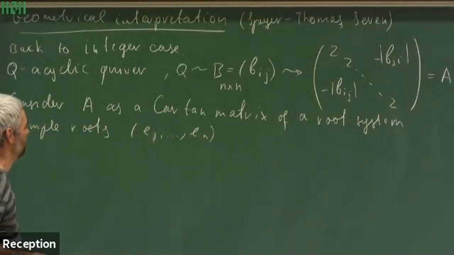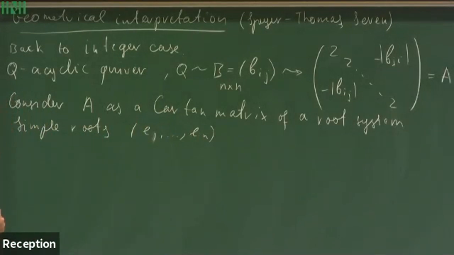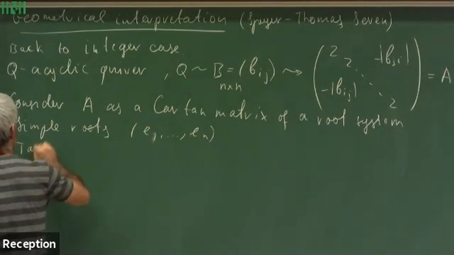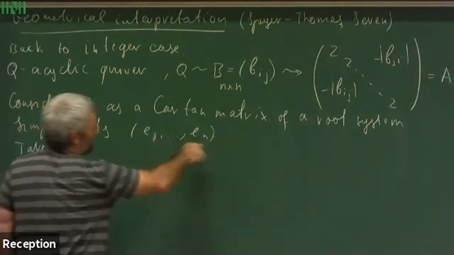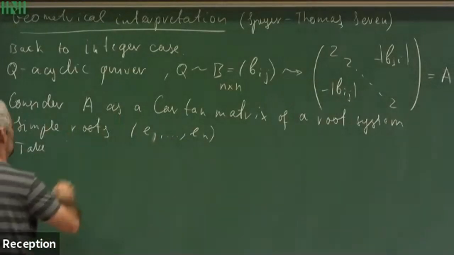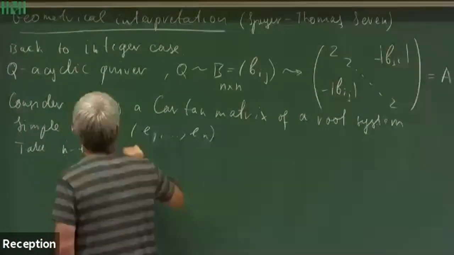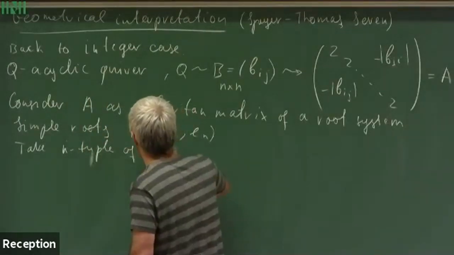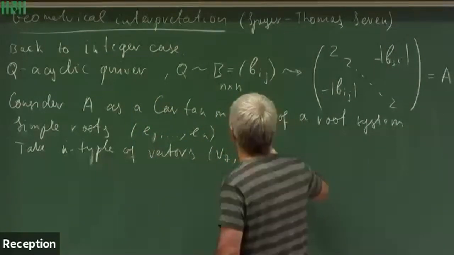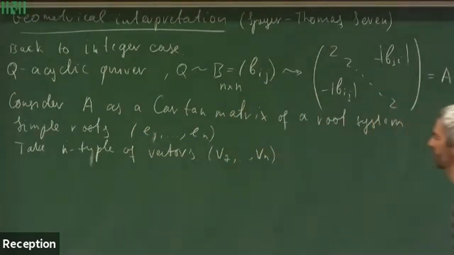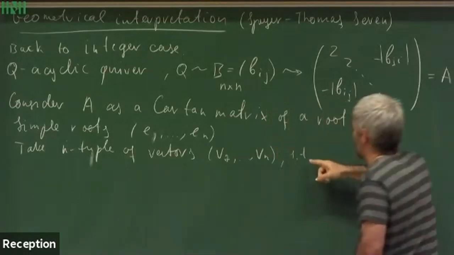Let me define: I take a tuple of vectors V1, ..., Vm, which satisfy the following properties.